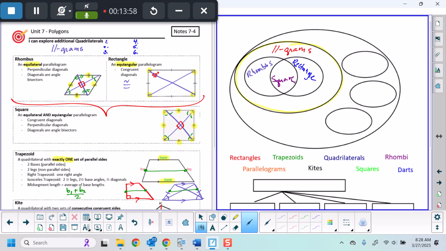Seeing how all of these things funnel down and lead to the next thing in that Venn diagram is a pretty interesting visual.